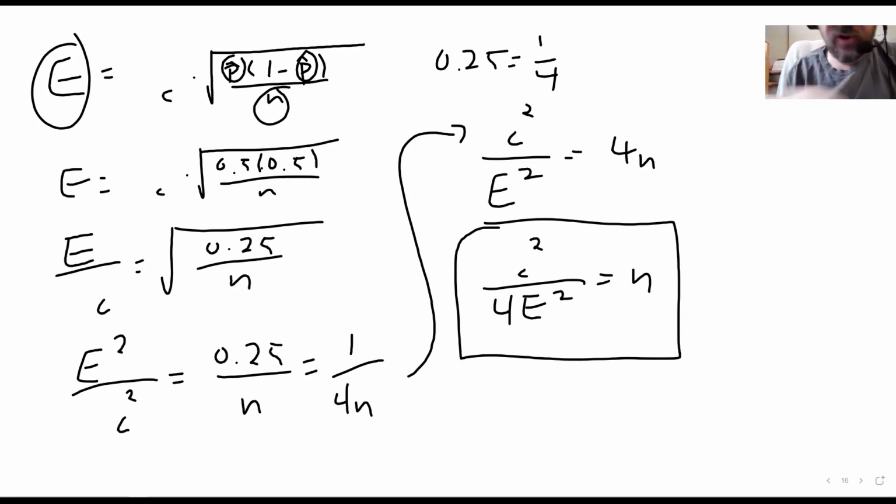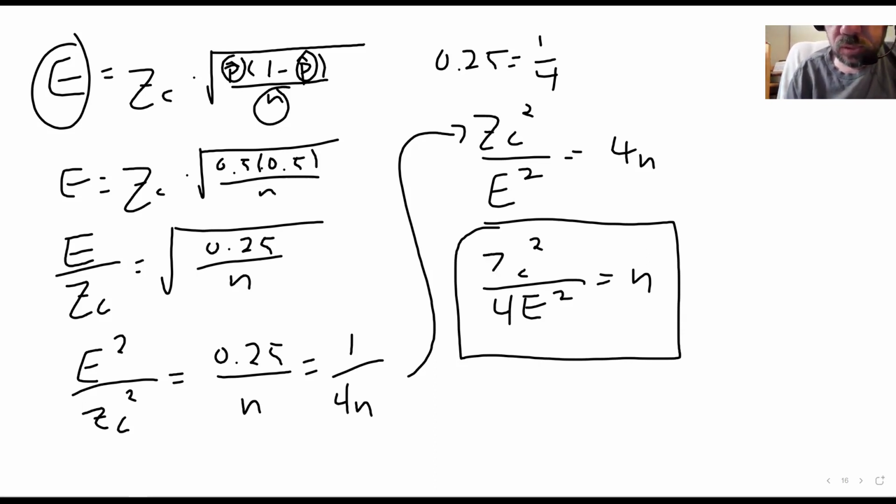Z critical values are for normal distributions. So this is Z sub C. So my bad there. There we go. So they're z critical values.